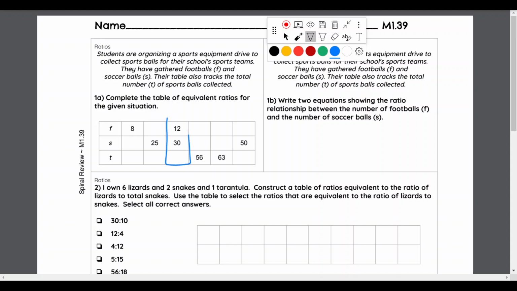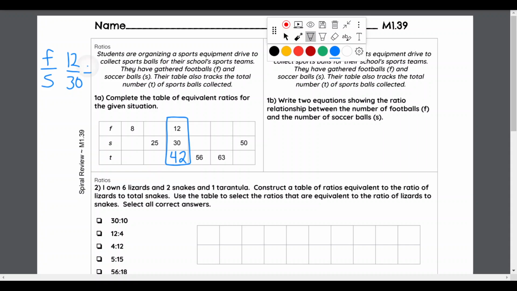As I look at the table, I have right here a ratio of footballs to soccer balls that I can use to help complete the rest of the table. First thing I can do is add 12 and 30 together and find out the total is 42.